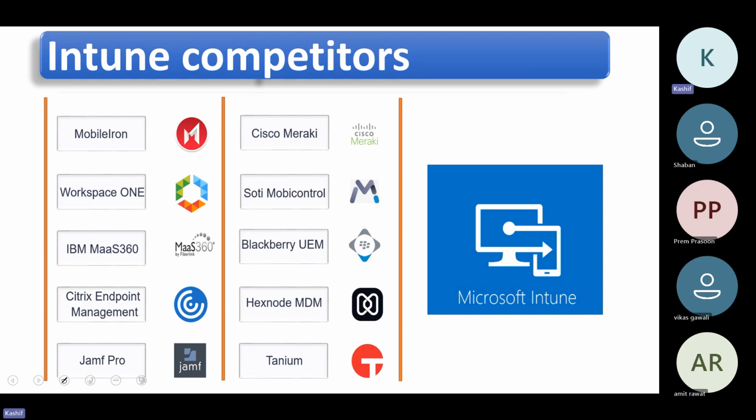Now, Intune has various competitors. But these are very tiny in front of Intune. I told you Intune is moving like a monster now. Nobody is competing with Intune at the moment. These are various competitors like MobileIron, Workspace ONE, IBM MaaS360, Citrix, Jamf, Cisco, SOTI, BlackBerry, Hexnode, Tanium.